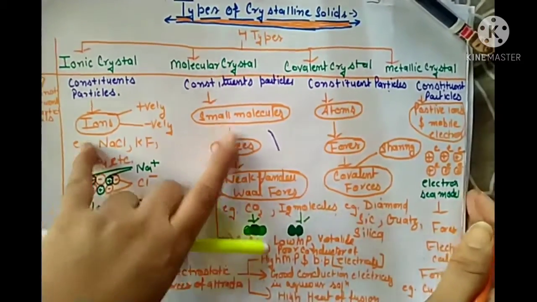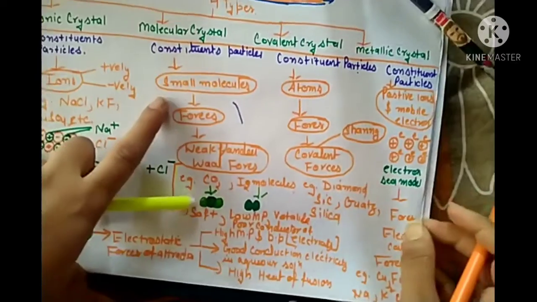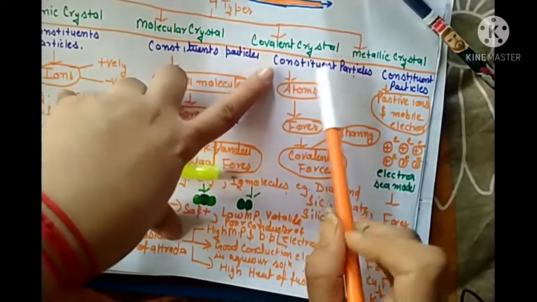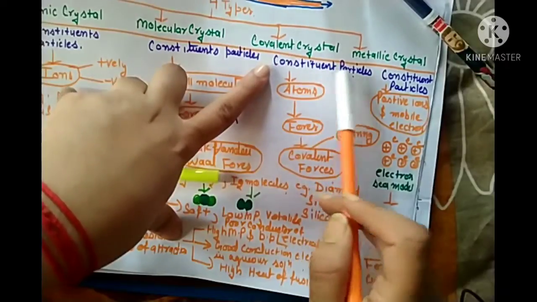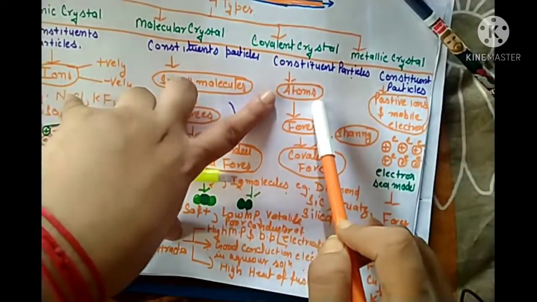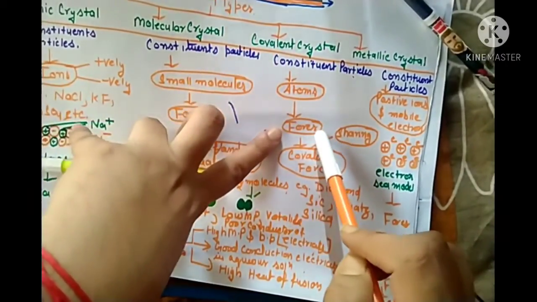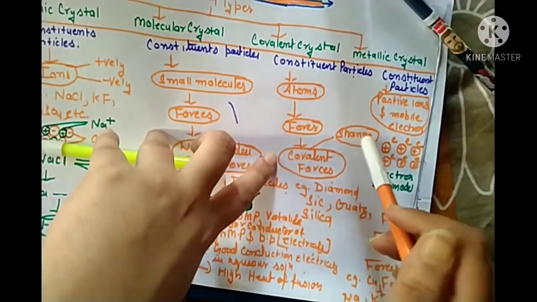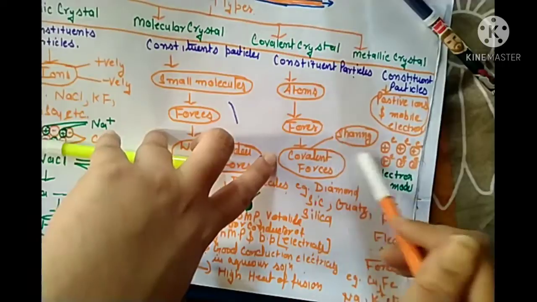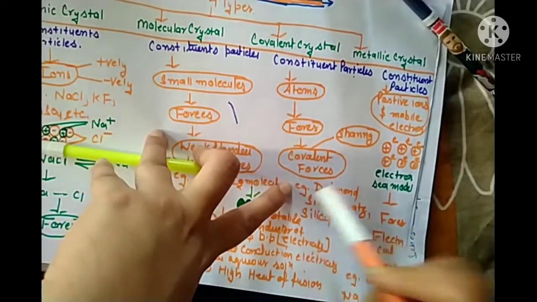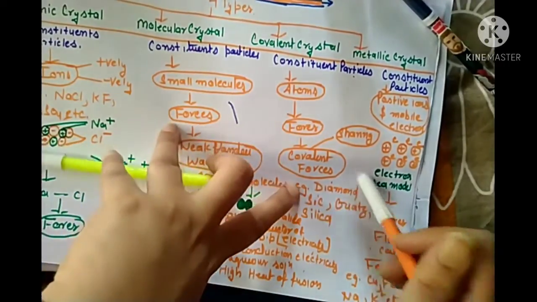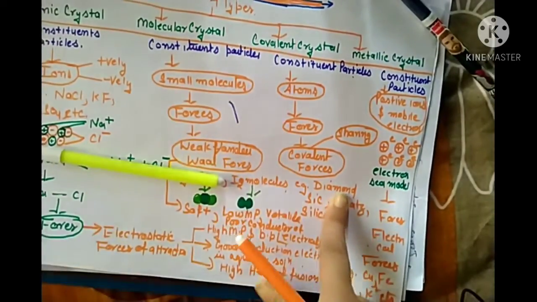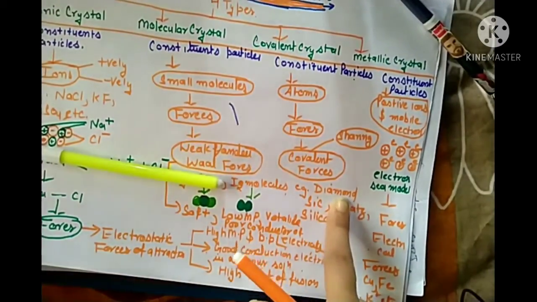Next we have covalent crystal. As the name states, in case of covalent crystal, constituent particles are atoms and forces between them are covalent forces. That is, they are formed by the sharing of electron pairs, and their example is diamond. In a diamond there is a network structure, and diamond is a pure form of carbon.